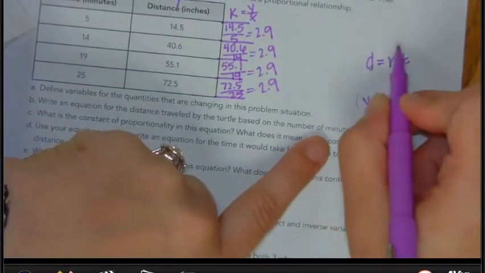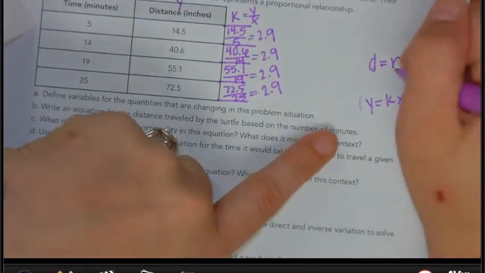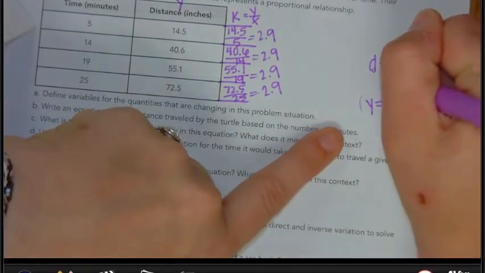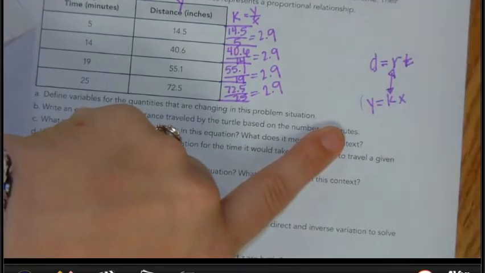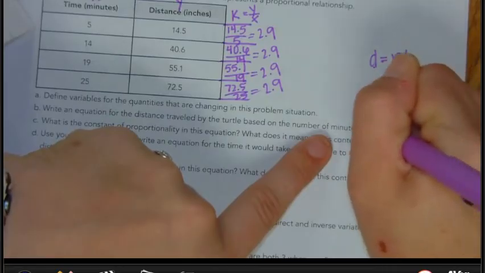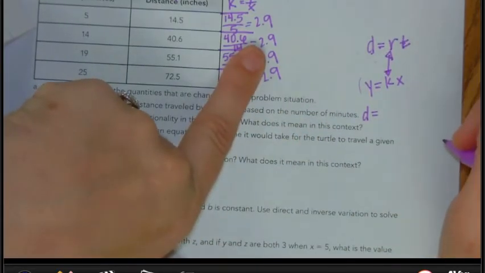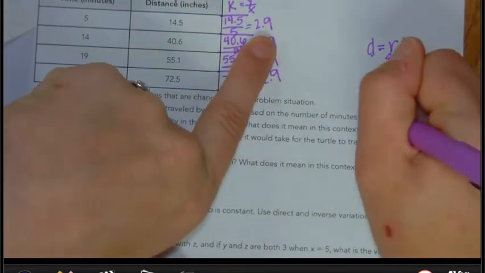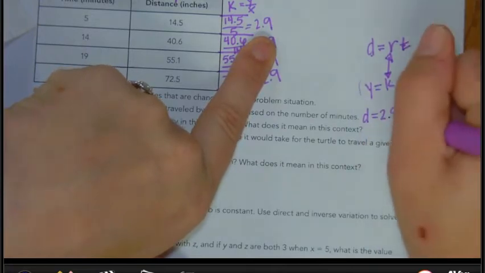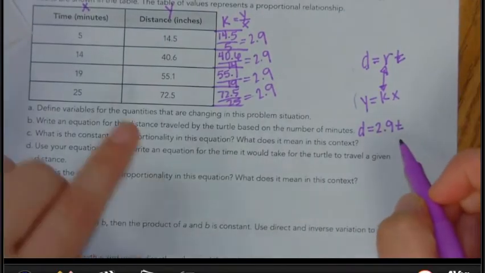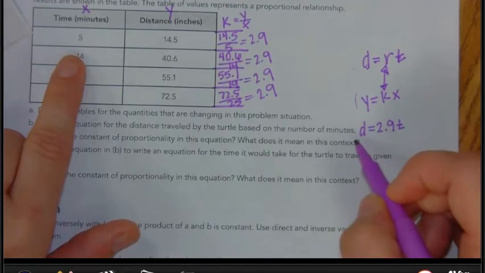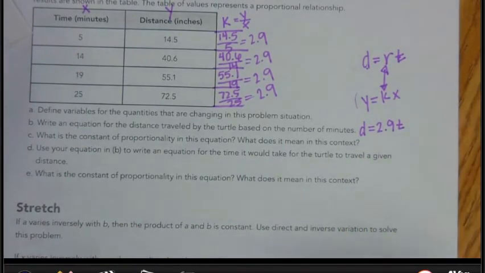This is usually the only equation that is used when you're dealing with distance and time. Now, my rate and my K value are the exact same number. I just need to sub D in for Y, so D is equal to my rate, which we said was K, so D equals 2.9T. So for every minute, I'm going 2.9, and that is equal to my distance.